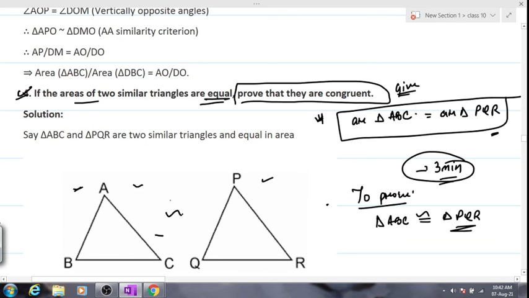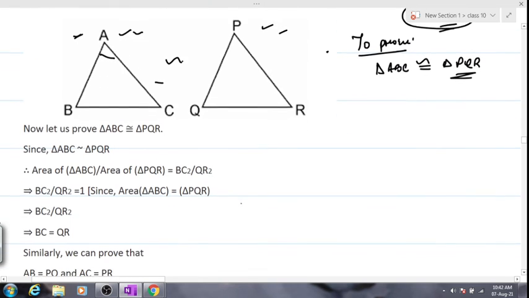Look very carefully. Since these two triangles are similar, all the angles will be equal. Yes or no, sir? And of course, since these triangles are similar, the ratio of areas of ABC and PQR will be equal to BC square by QR square. Do you all agree?